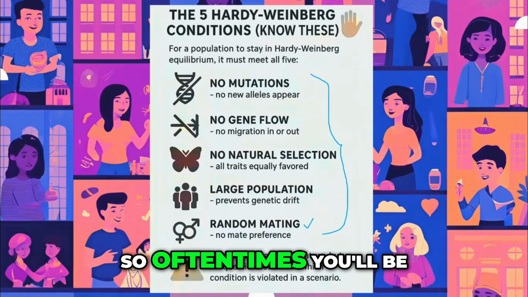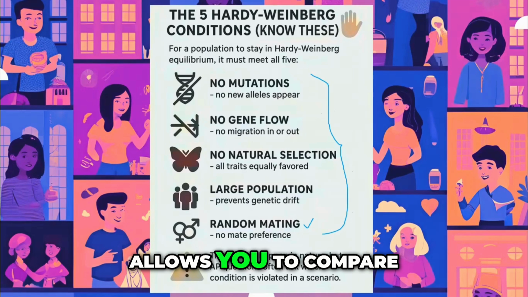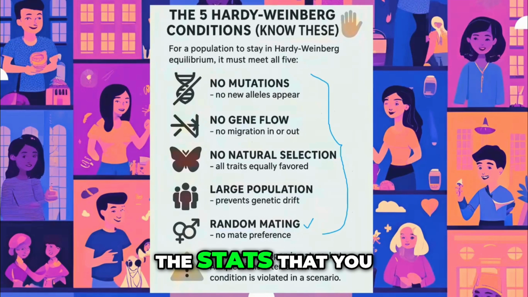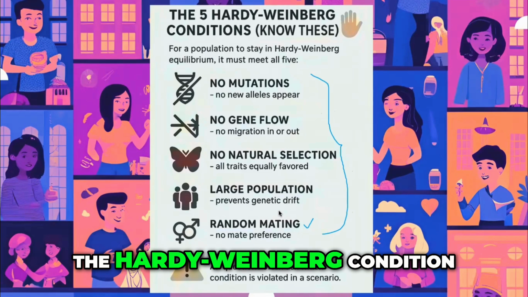So oftentimes you'll be given some sort of equation or problem that allows you to compare the stats that you are given in a natural environment to the Hardy-Weinberg condition.